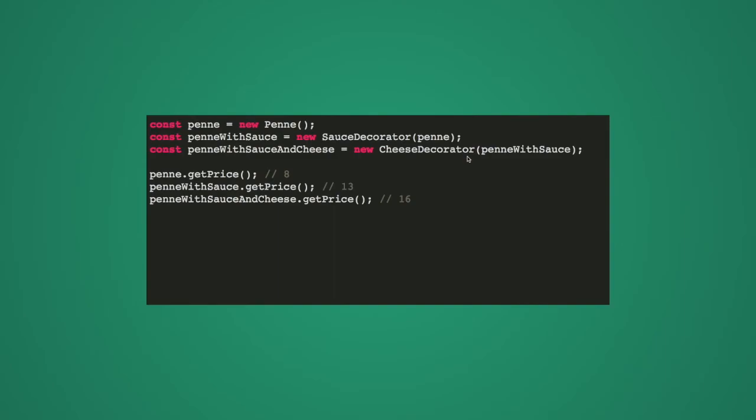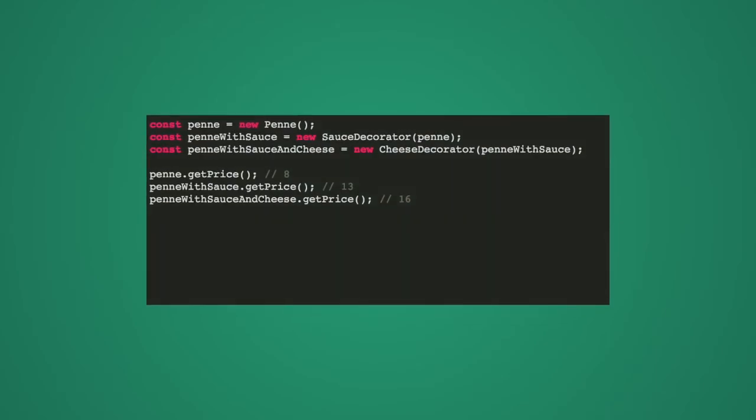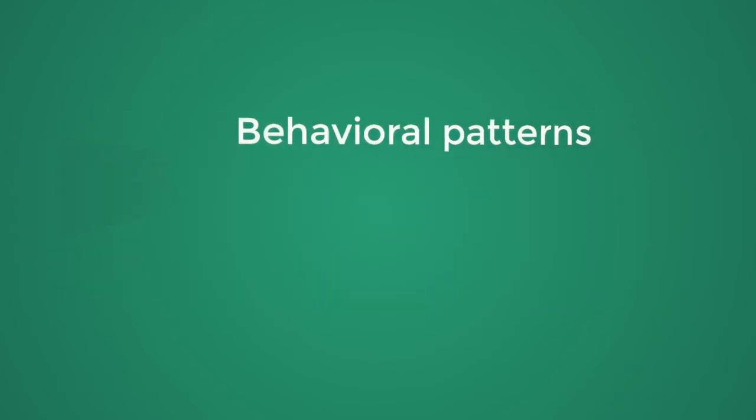I give it a raw penne and it gives me back a penne with cheese on top. And the price would be like, what, 11 euros? So this pattern allows you to do that. Does it make sense? Yeah.